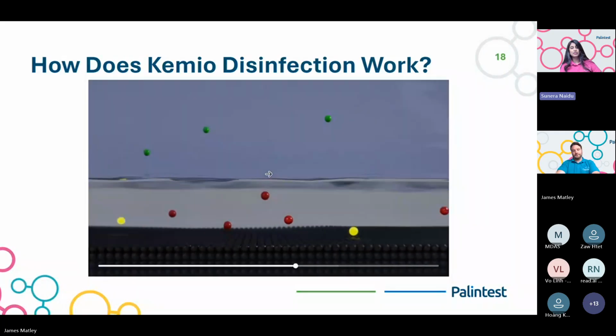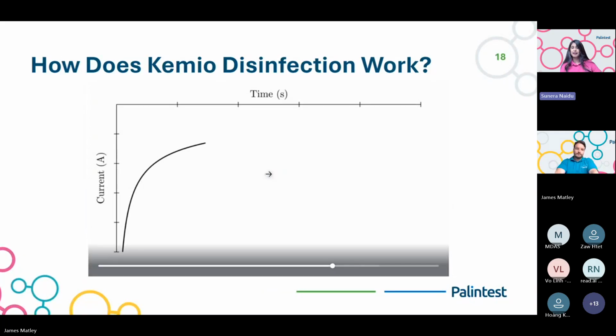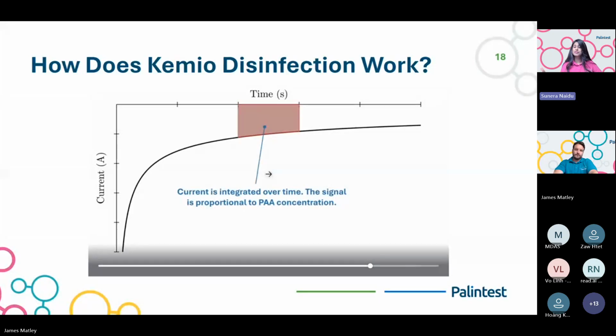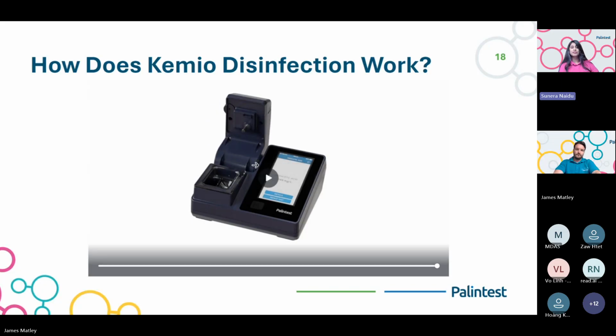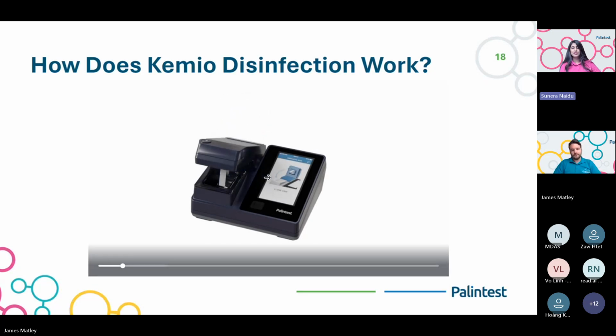Then the reduction of this oxidized iodide ion produces a chemical reaction or an electrochemical reaction, which produces a current, and that current is measured over a period of time. The current that's measured is proportional to the concentration of the peracetic acid that you're testing for. So let's have a look at the video again to see what it actually does.